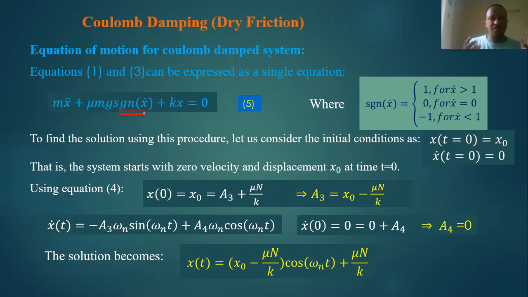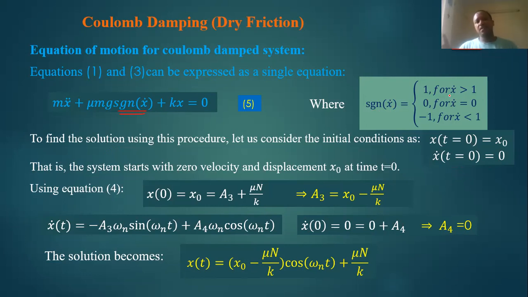The signum function for the velocity term x dot, for positive and negative, can easily be described with the help of this equation. The signum of x dot is equal to positive 1 for x dot greater than 0.